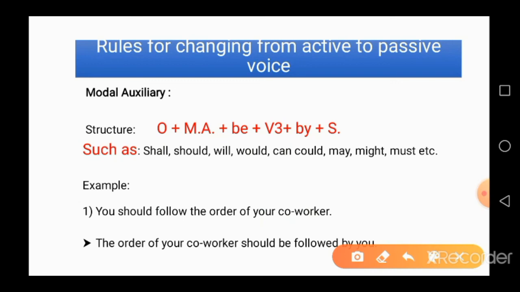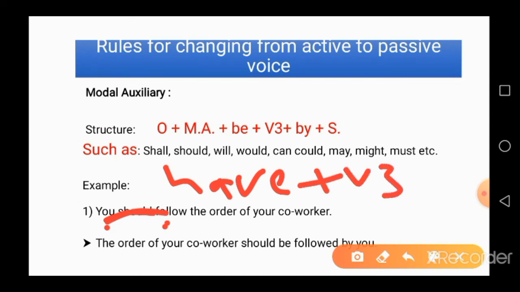As we have the indefinite tense passive voice of modal auxiliary, we have the passive voice of perfect tense modal auxiliary. The only difference is that in the perfect tense we use, after should, as you can see here, have and V3, that is you should have followed the order of your co-worker.